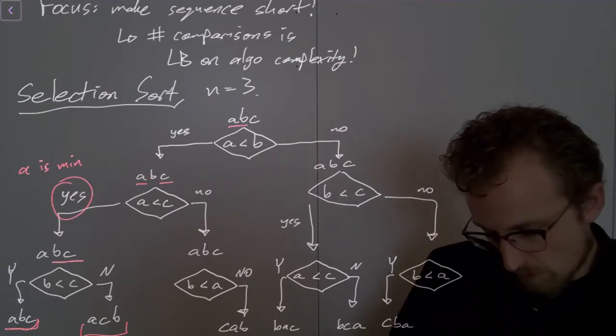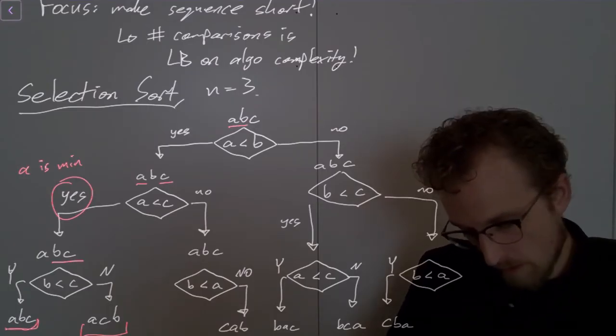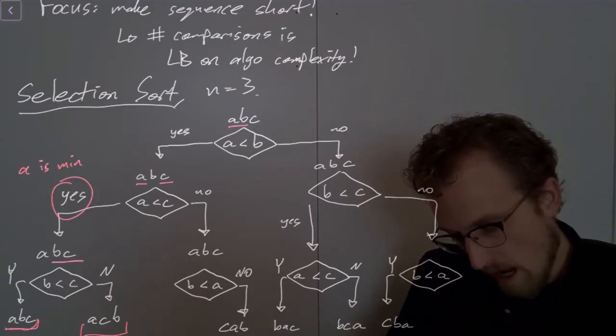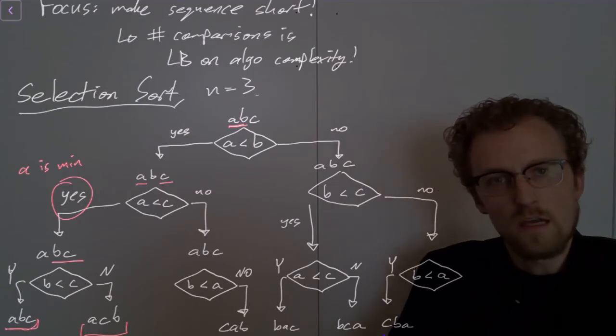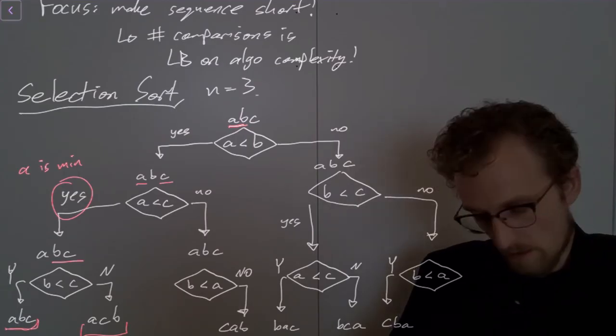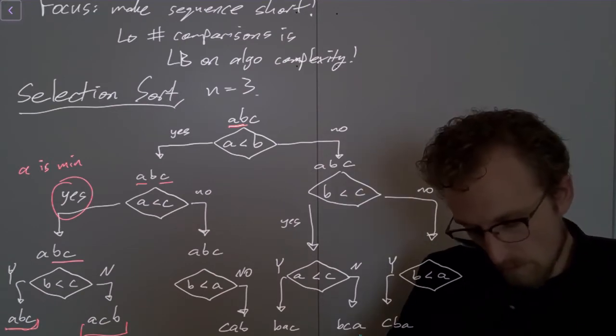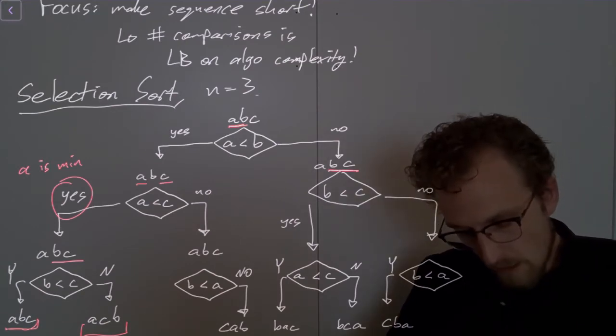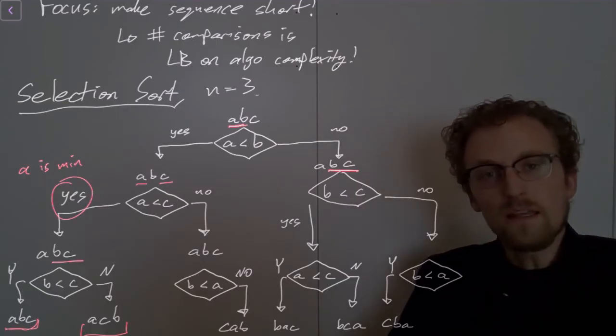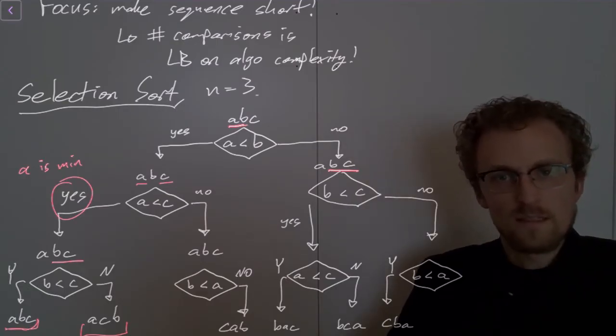So let's back up on the tree a little bit and go over here. Now let's say that A turns out to not be the smallest. Well, if A is not the smallest, then we don't really care about A, so we move on to B and C. If we identify that B is less than C, what does this tell us?